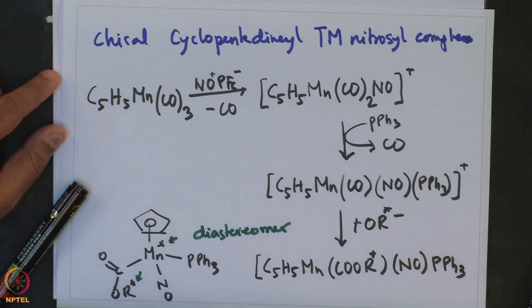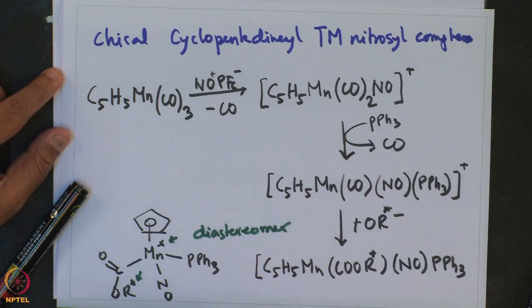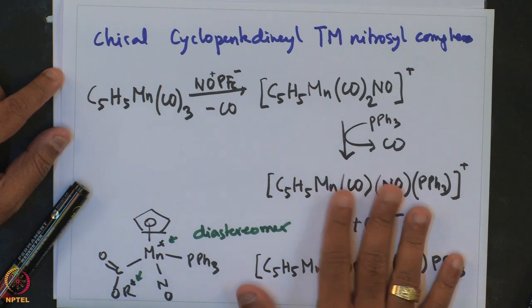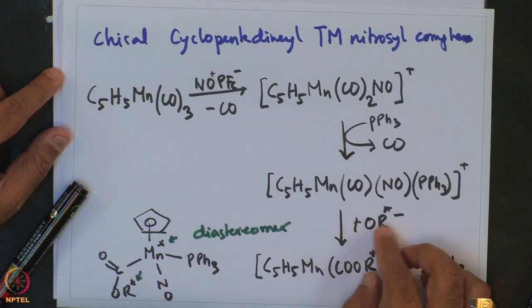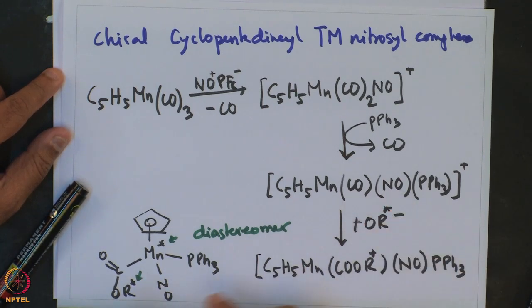So, this is a very interesting technique whereby a chiral cyclopentadienyl transition metal nitrosyl complex has been synthesized, and then the subsequent isolation of a particular one in its optically active form is achieved by making the ester with a chiral ancillary and then exploiting the fact that one of the diastereomers is more soluble than the other. Taking advantage of the differential solubility, one can then separate this optically active compound.